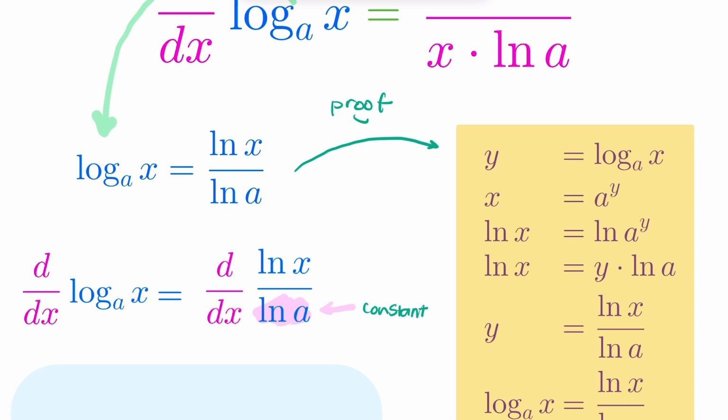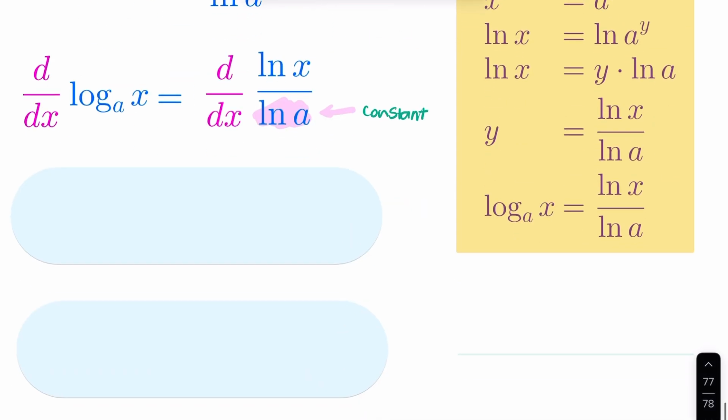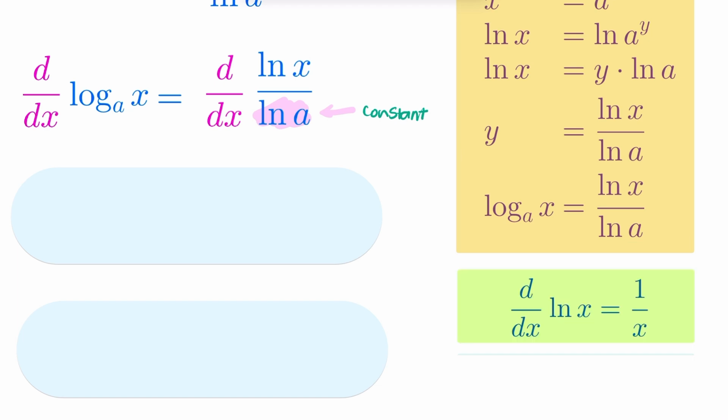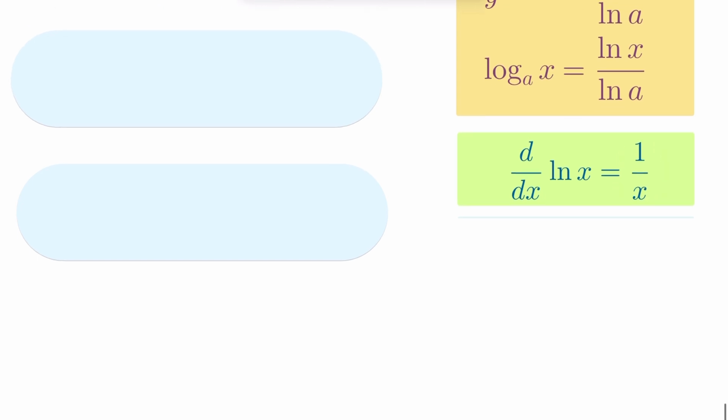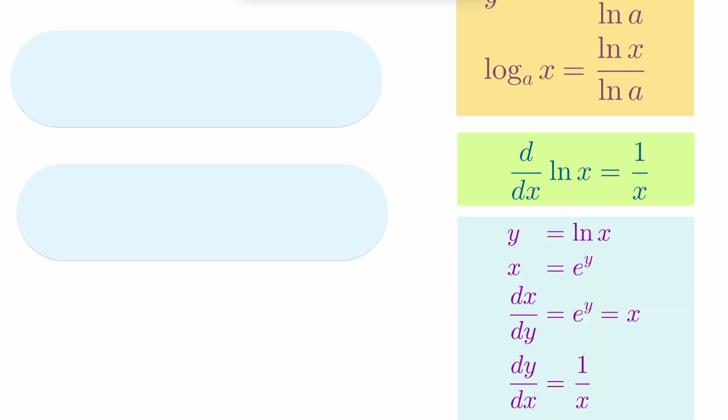And the derivative of ln x is well known. The derivative of the natural logarithm is just 1 over x. And again, if that was unclear, or if you needed that to be proved, we can prove that too.